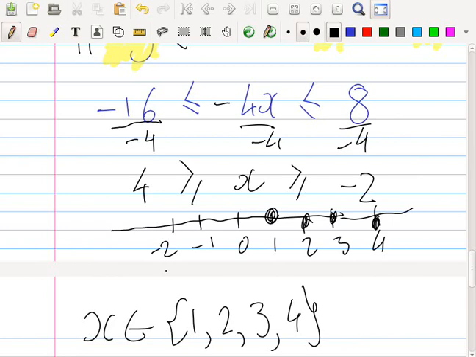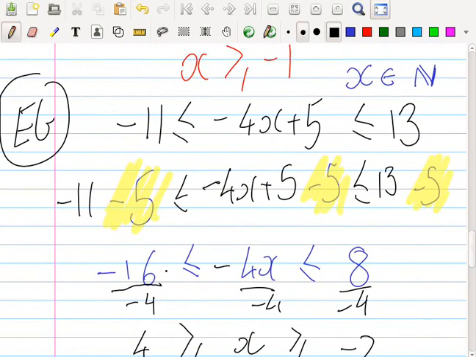So it's just safer if I give the answer like this in case that happens. Yes? Isn't x greater than -2 or -1? Yeah, but also in the original question, I tell you that x is a natural number. So I exclude those negatives.